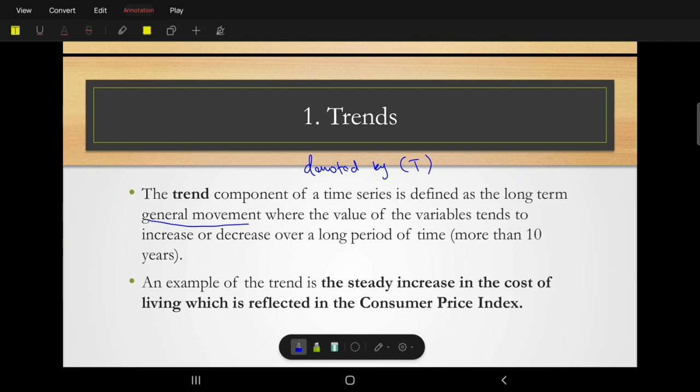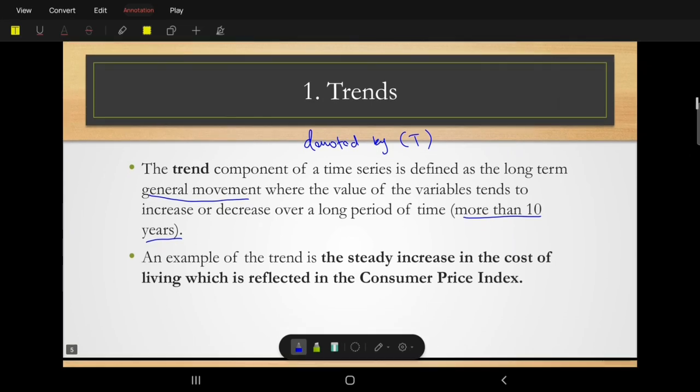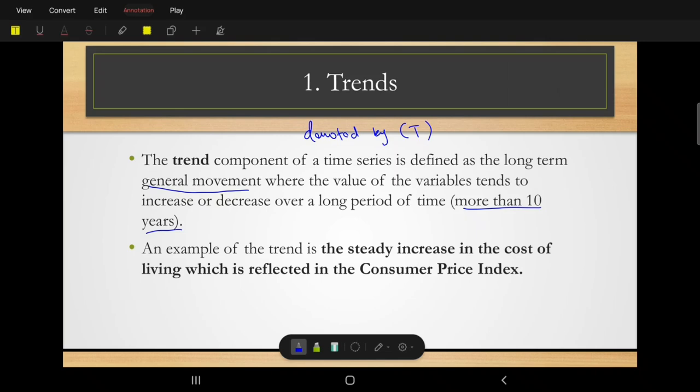Basically kita nak check data tu, must be more than 10 years. An example of the trend is the steady increase in the cost of living, which is reflected in the consumer price index.